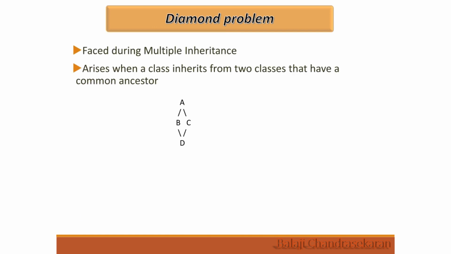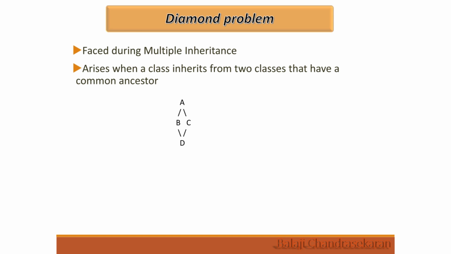The diamond problem is a term used in the context of object-oriented programming languages that support multiple inheritance, such as C++ or interfaces in Java 8 and later. It arises when a class inherits from two classes that have a common ancestor.